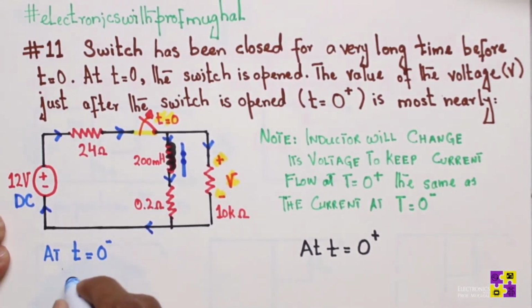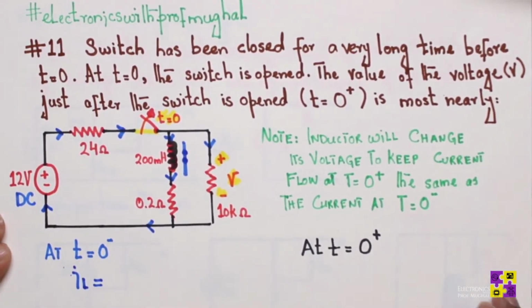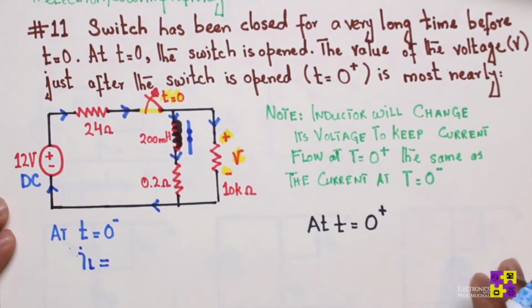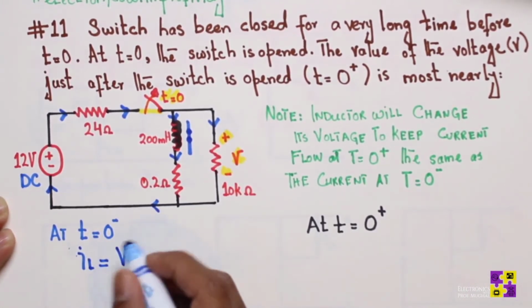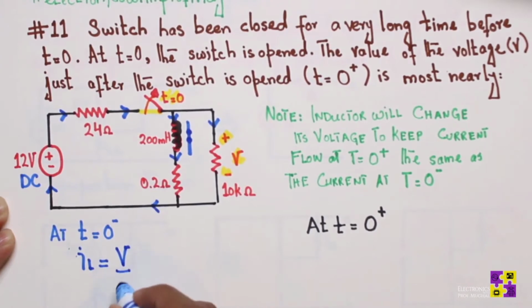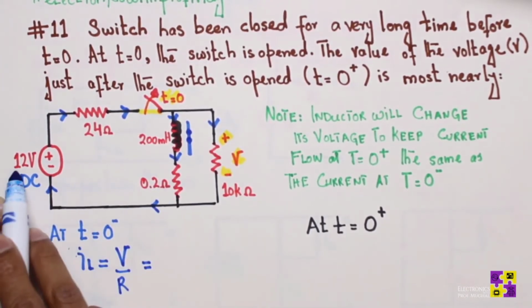So let's find out the current here. The current is just simply going to be Ohm's law. So IL equals V over R, correct? Now what is V here? V is simply just 12 volts.